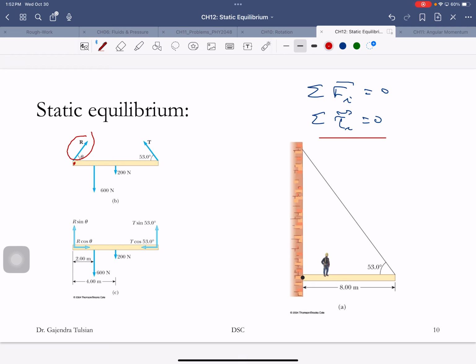So if you want to eliminate a force and you don't want to be bothered about calculating that, you calculate the torques about that point. That's how you choose it. Since if the sum of the torques about one point is 0, then the sum of the torques about every other point will be 0. And so you want to be smart about the choice of the point about which you're going to calculate the torque. All right, so keep that in mind.